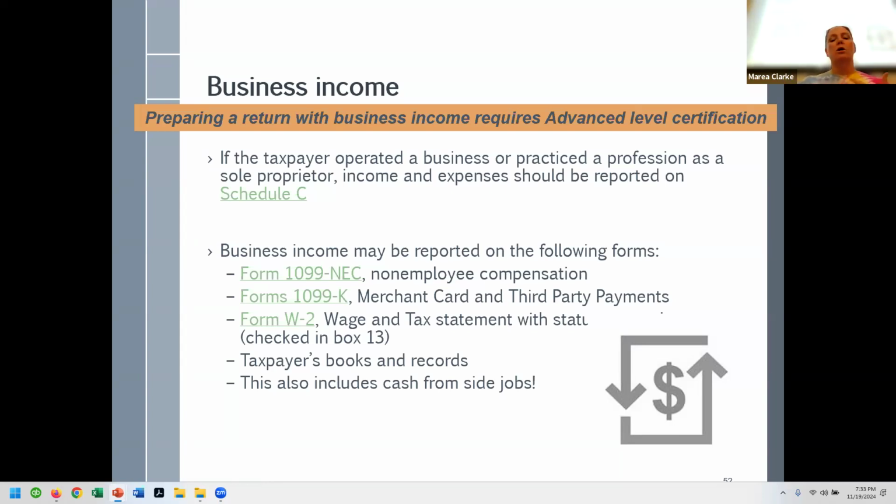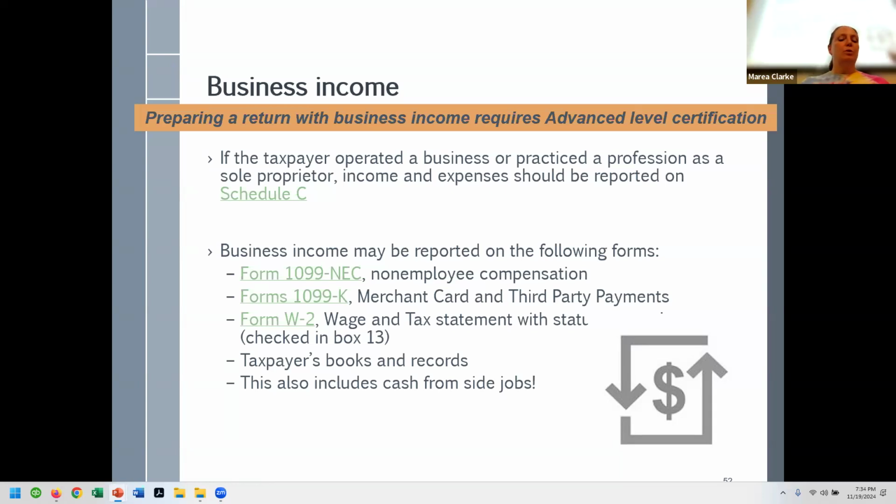So if you are selling stuff on Etsy, and you use Stripe to process all of your payments, you would get a 1099-K from Stripe that says, congratulations, you sold $6,000 worth of really warm hats to keep everybody from freezing to death in the Minnesota winters.